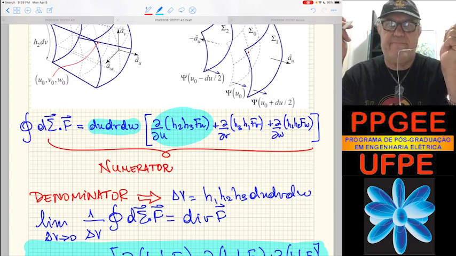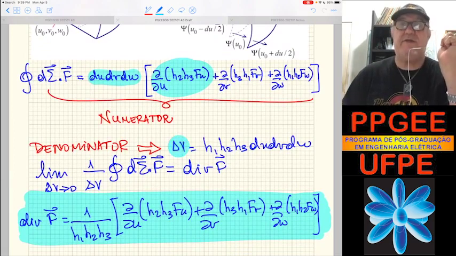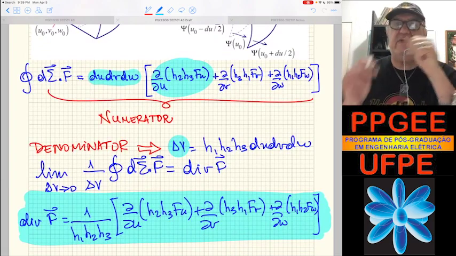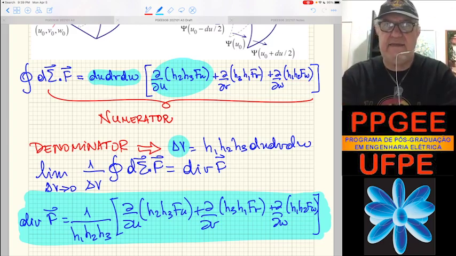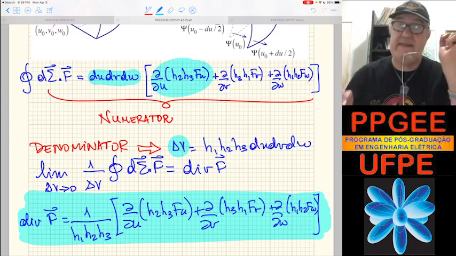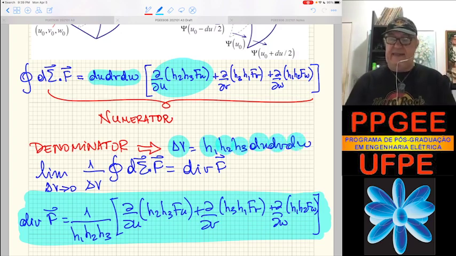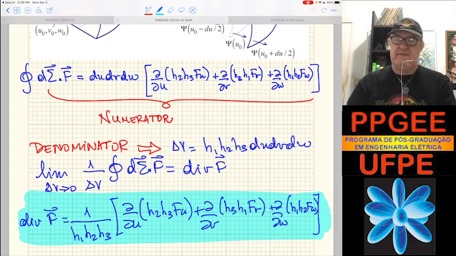Okay? So when you apply the definition, the denominator of the expression is the differential volume, which we showed last class, which is the product of the three segment lengths: h1 du times h2 dv times h3 dw. And nice is that the terms that go to 0 in the limit is this one, sorry, this is the one that goes to 0.